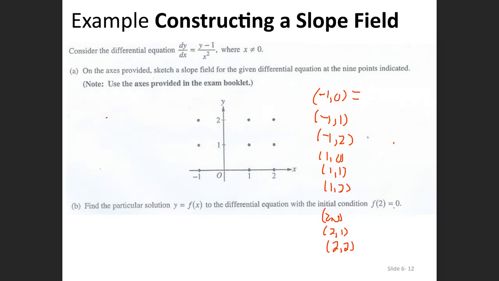Okay, so at negative 1, 0, what would the slope be? Negative 1. Okay, so negative 1, yep, that is correct. How about at negative 1, 1? It would be 0. Negative 1, 2. I'm doing these faster than I can do them in my head. Okay, so that would be 1. That is correct. 1, 0. Negative 1. Yep. 1, 1. 1, 2.